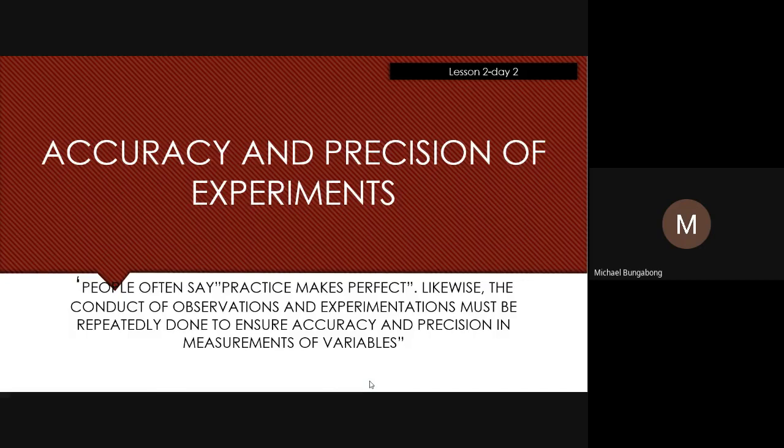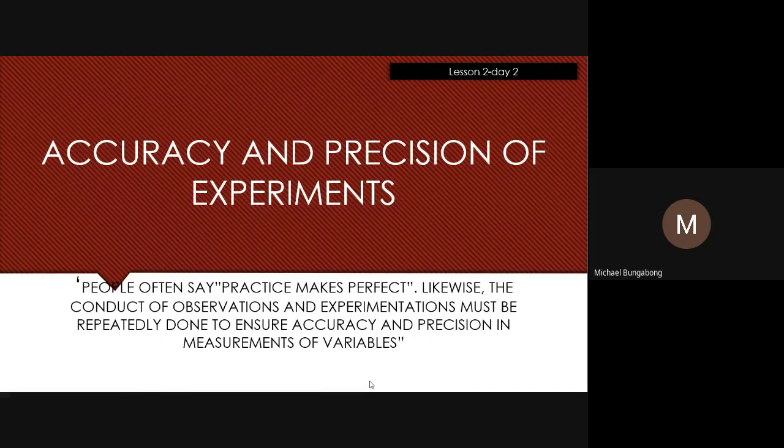Kaya nga may tinatawag tayong accuracy and precision of experiment, are they accurate? Are they near to the exact result or yung objective mo? So, ganun yung ibig sabihin natin. So, we wanted to make sure that it's exactly or sharply defined or stated, things like that, no?